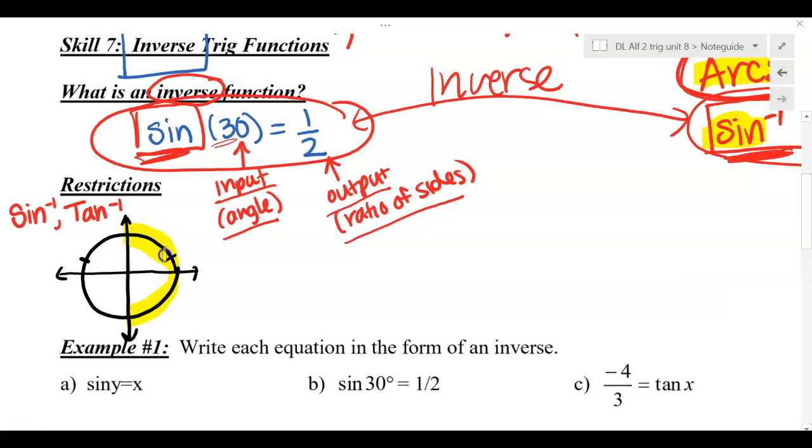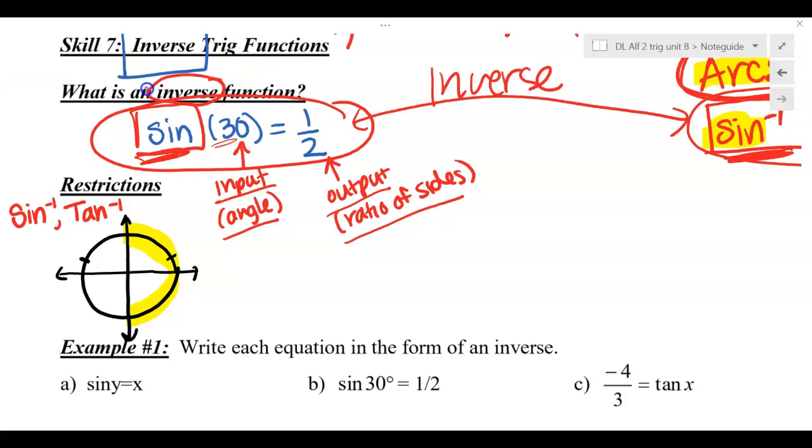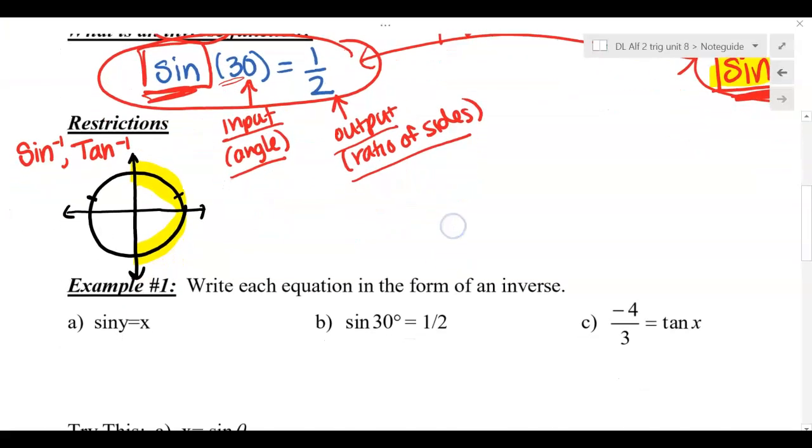But we're only going to pick angles from this area, specifically only one time through that area. So specifically angles that go from negative 90 to 90. Or if you're talking in radians, that's negative pi over 2 to pi over 2.